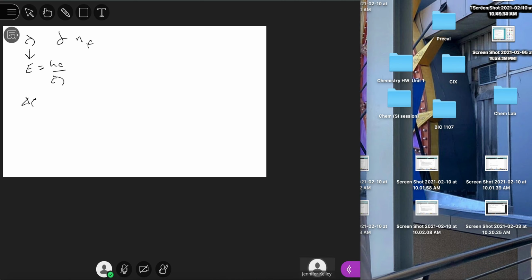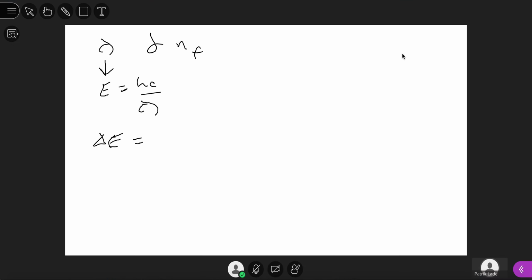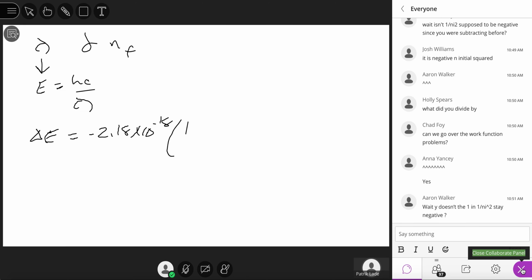Then I could use this equation. And then if I didn't, then I could use this equation.